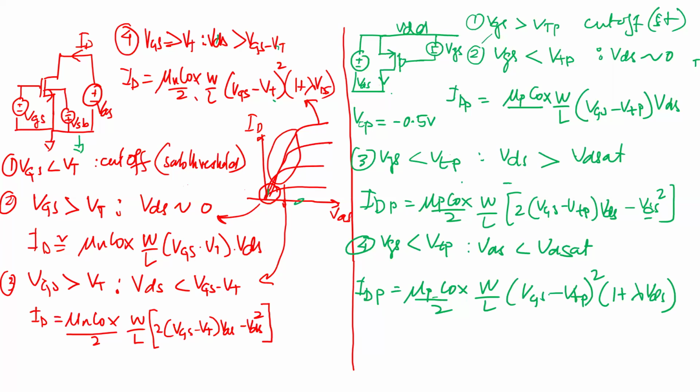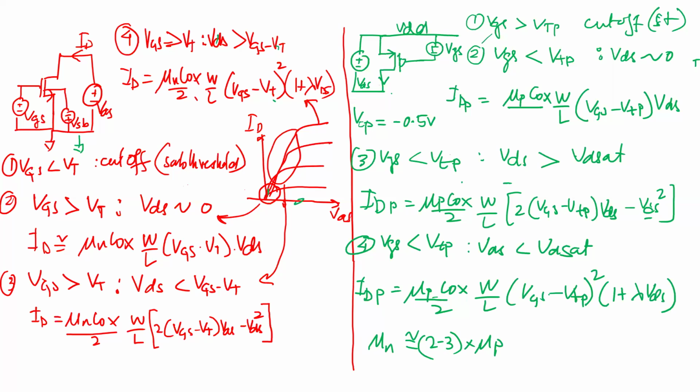So typically mu P is 2 to 3 times lower than mu N. That's typical. In the newer technologies, they're actually pretty close. So mu N is typically 2 to 3 times mu P. Okay. So that's why NMOSs are always preferred when you're trying to do high-speed stuff.